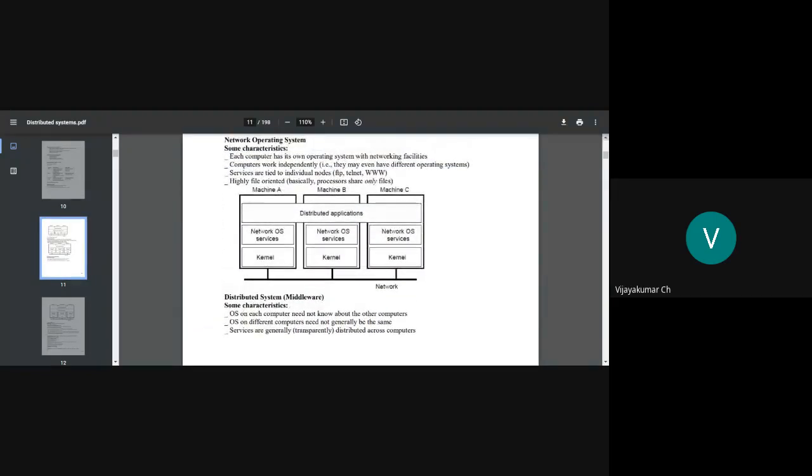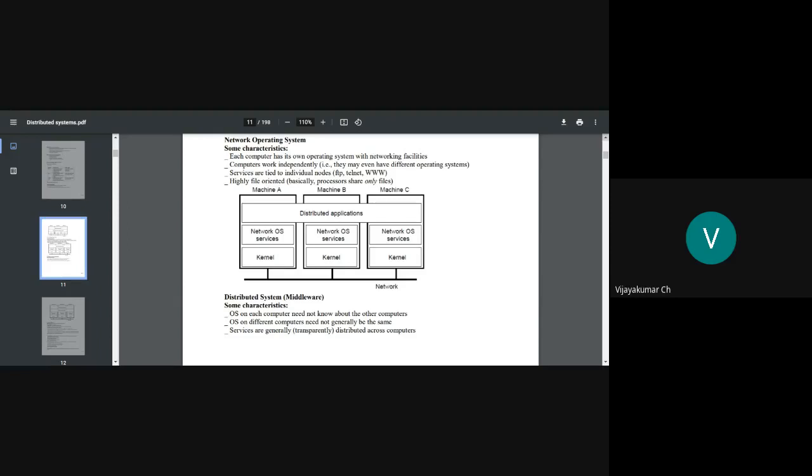After that, if you want to know about middleware: distributed systems are known as middleware. So the characteristics of middleware are that the OS on each computer need not know about other computers. While using middleware, there is no need to know about another computer.